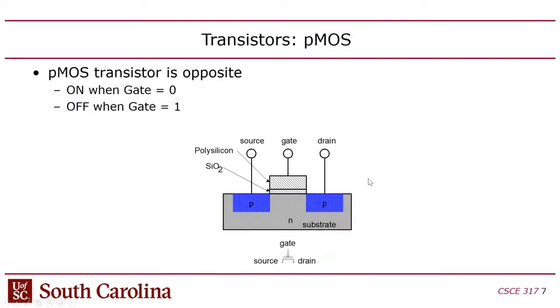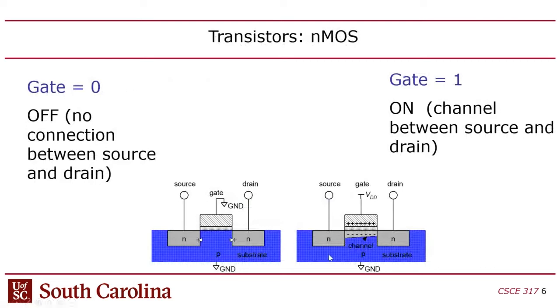Now the problem is, and this is where things get confusing, I think. The gate is a capacitor, right? And so obviously the top plate is just connected to a wire that controls the transistor, right?